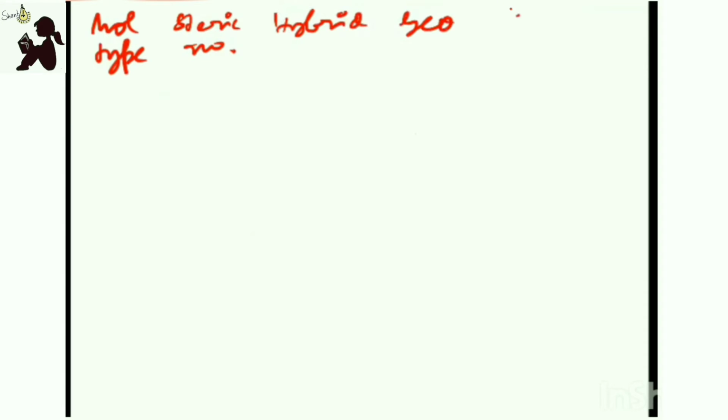So next, let us write again molecule type, steric number, hybridization, geometry, shape. Okay, so the next molecule is our AB4, that is our CH4.